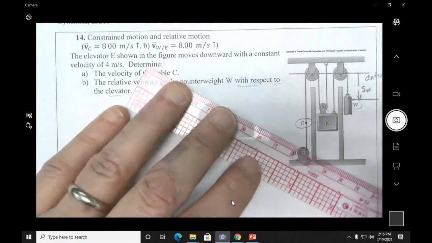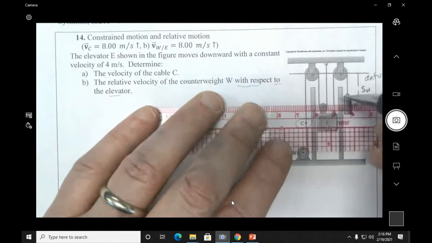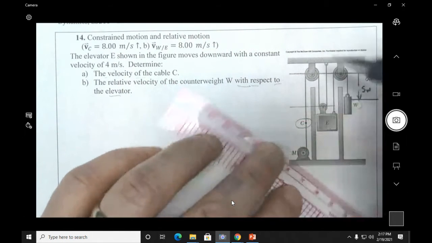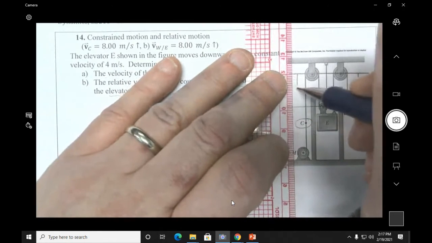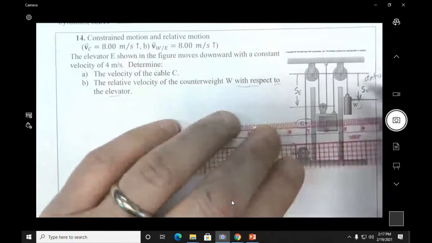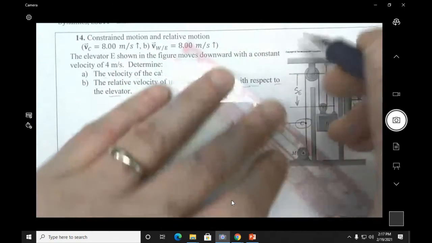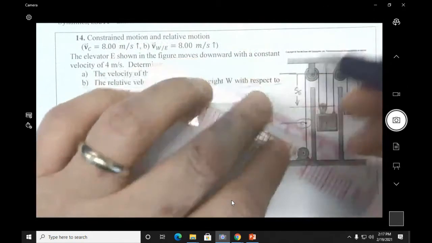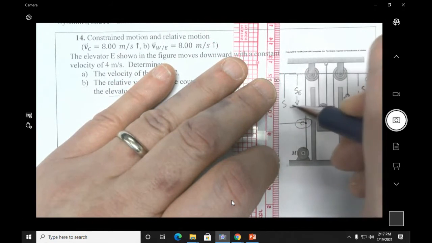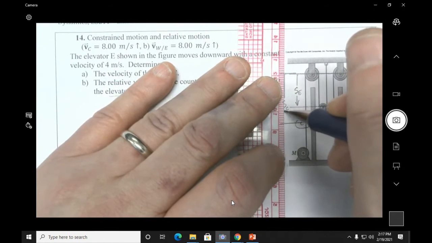There's S_W to this point, I'll make it go down to here, S_E under that point, and then S_C.